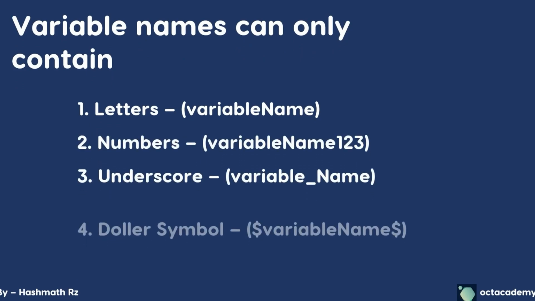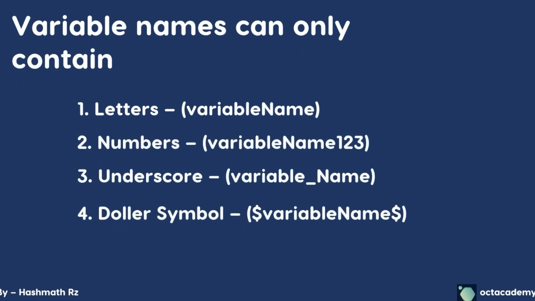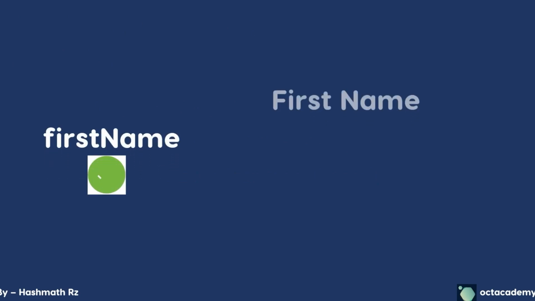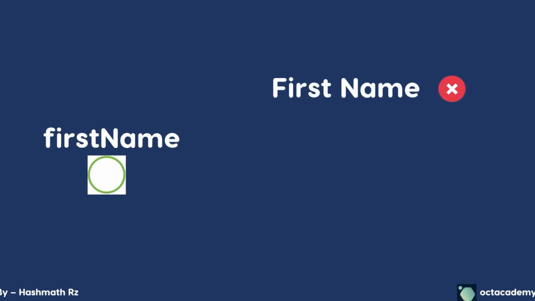They cannot contain spaces, and the first character must be a letter, underscore, or dollar sign. For example, firstName is a valid variable name, but a name with a space is not a valid variable name because it contains a space. Also don't start with a number, something like 1firstName.